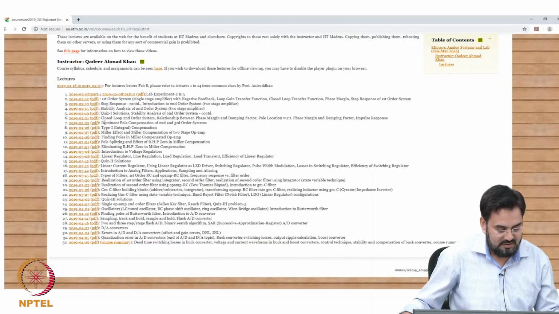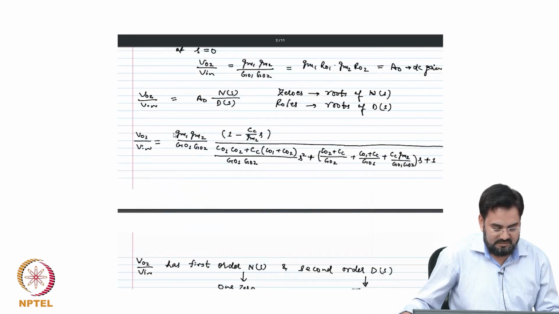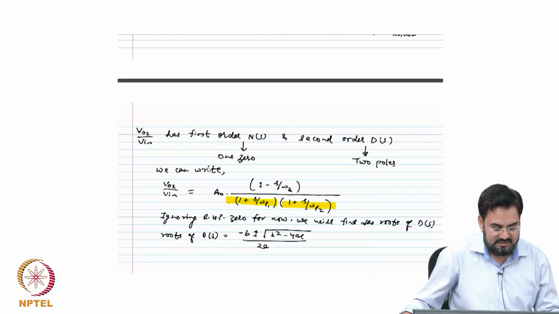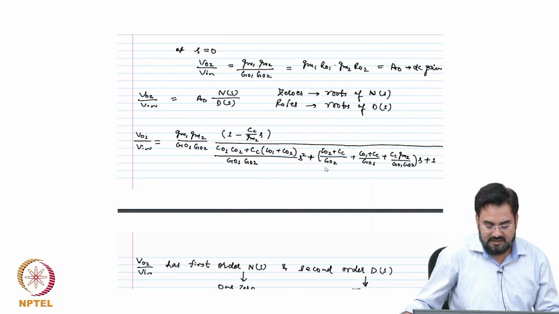So, here I started the Miller effect compensation, finding poles. If you click here, after writing the KCL, this is what we get, the complete transfer function, and you can see there is a right half plane 0, and here you get a second order.